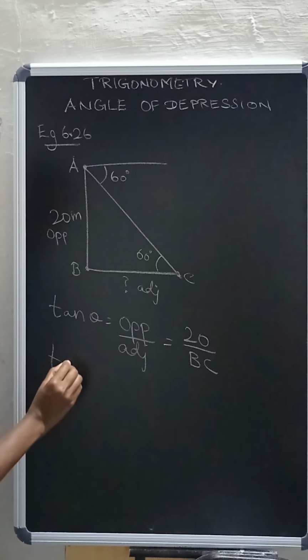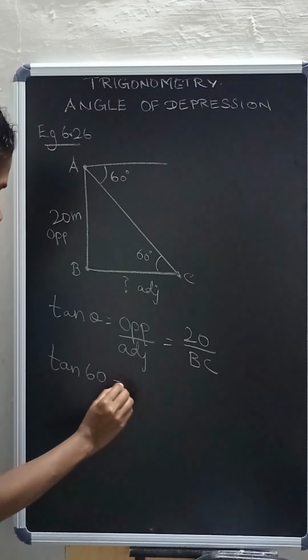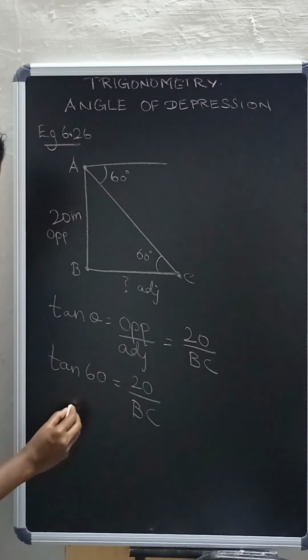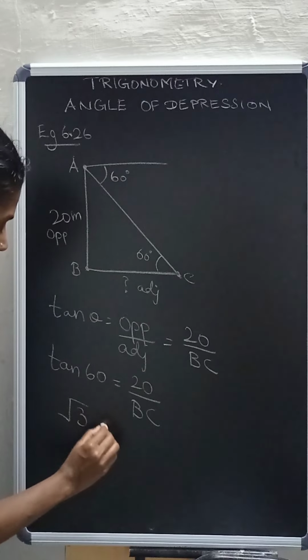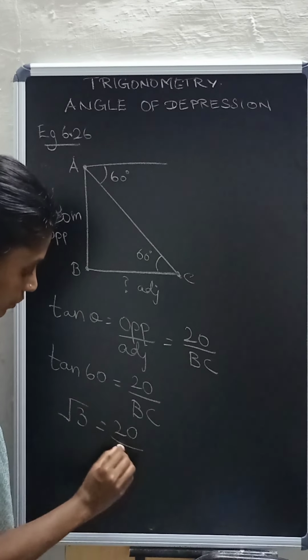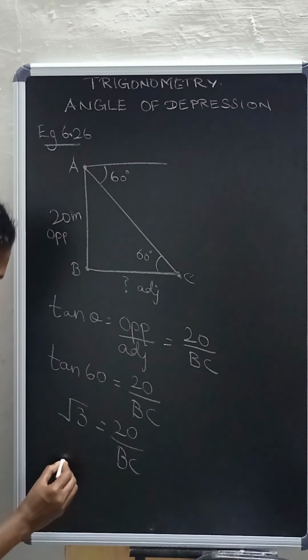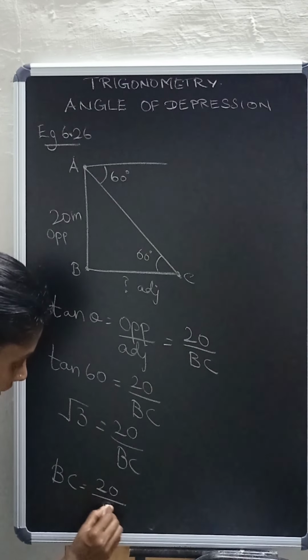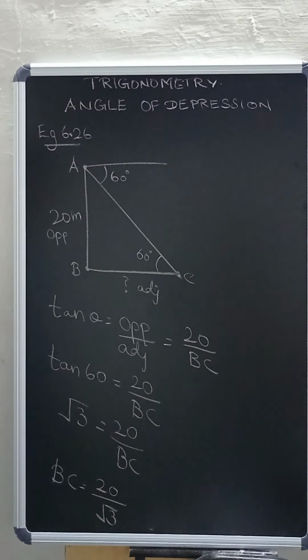Now tan 60 is equal to 20 by BC. What is the tan 60 value? Root 3. Root 3 is equal to 20 by BC. So BC is equal to 20 divided by root 3.